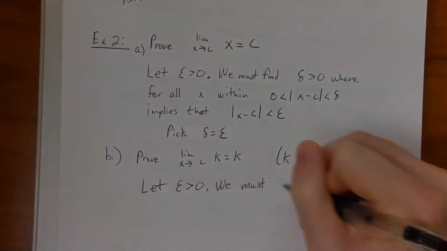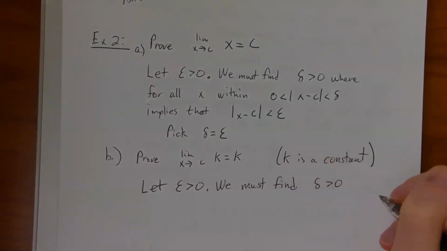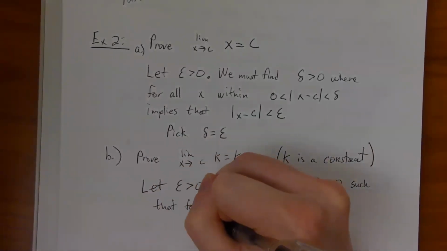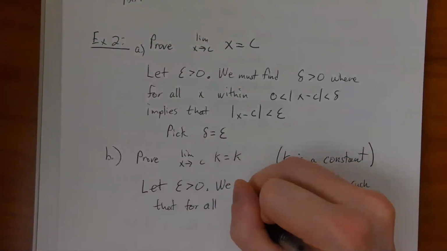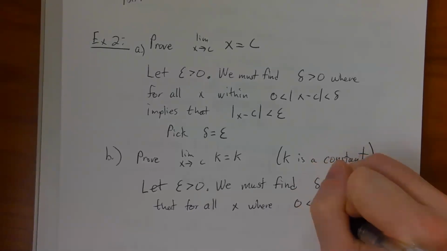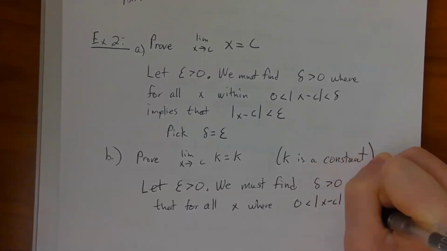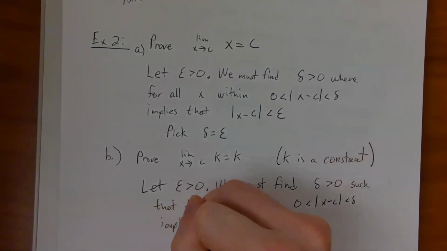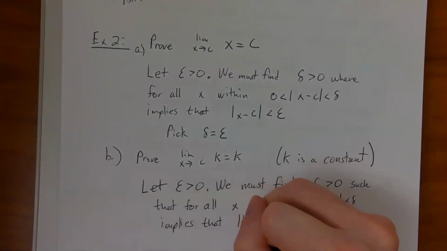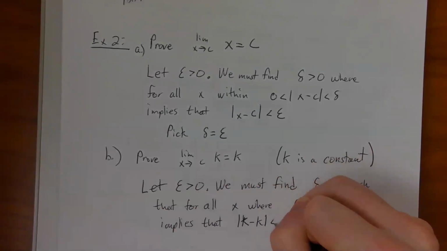We must find delta greater than 0 such that for all x where 0 is less than the absolute value of x minus c is less than delta, this implies that the absolute value of f of x minus L, but f of x is k and L is k, is less than epsilon.